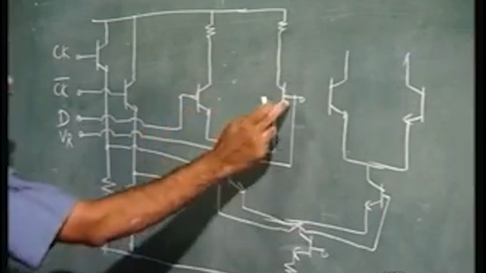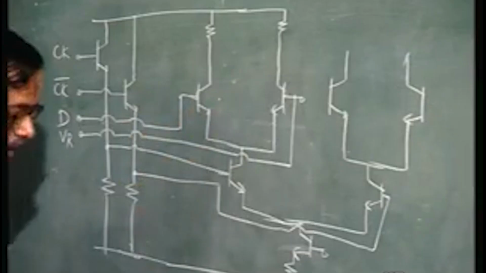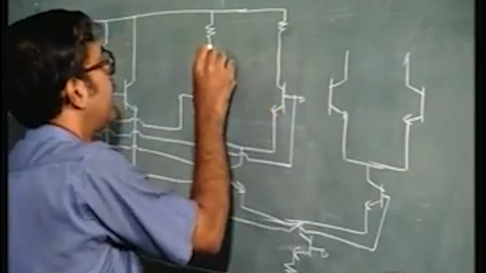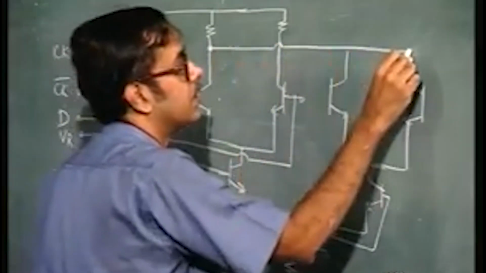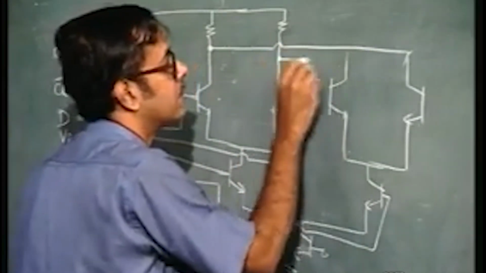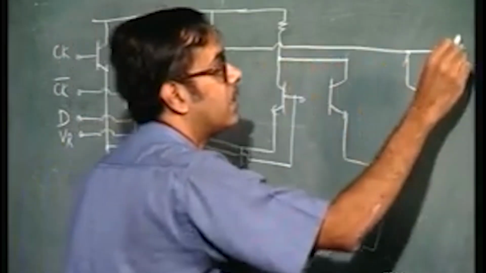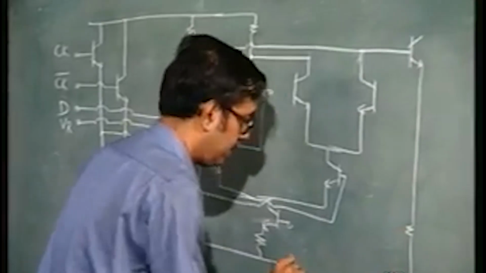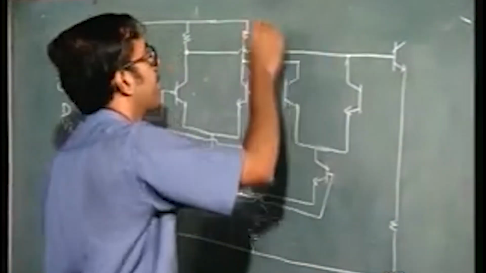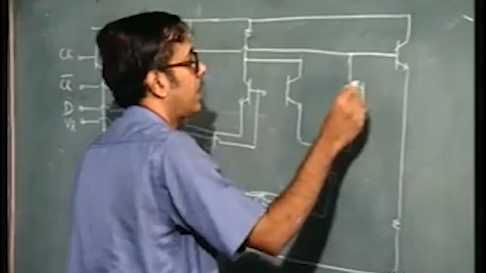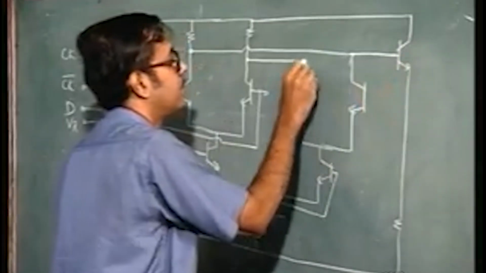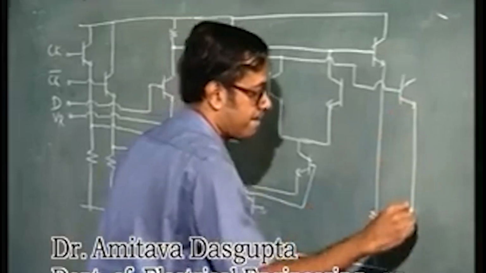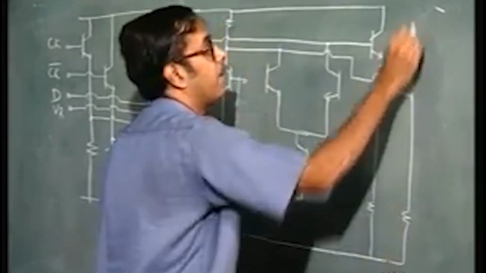Here you have D and VR, the reference voltage, and then these outputs again go to emitter followers, and you have one more emitter follower here.